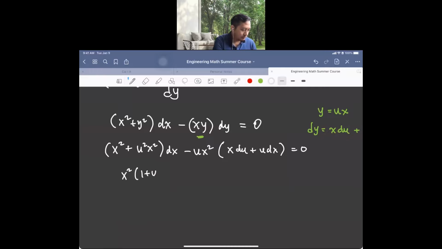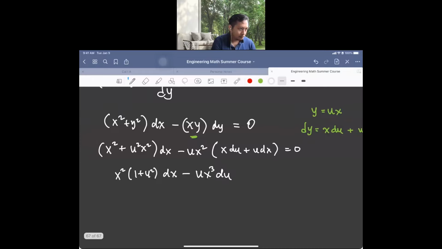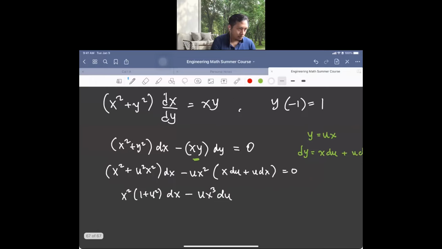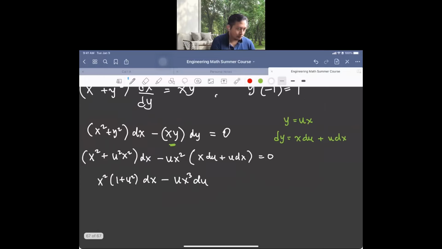This becomes 1 plus u squared dx minus ux cubed du. Let me check, 1 plus u squared.